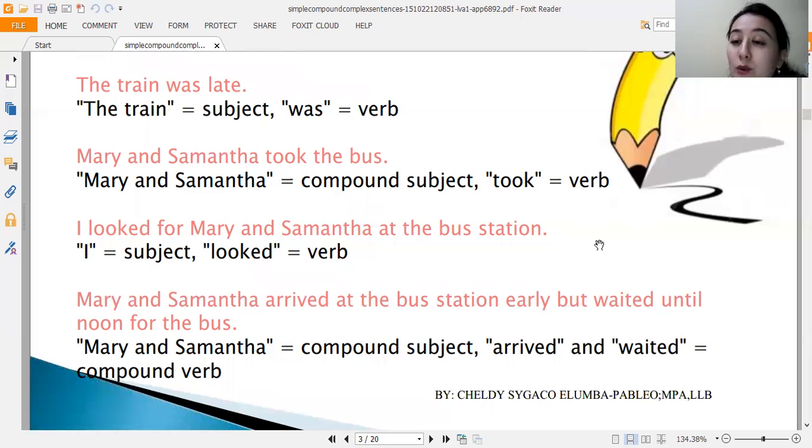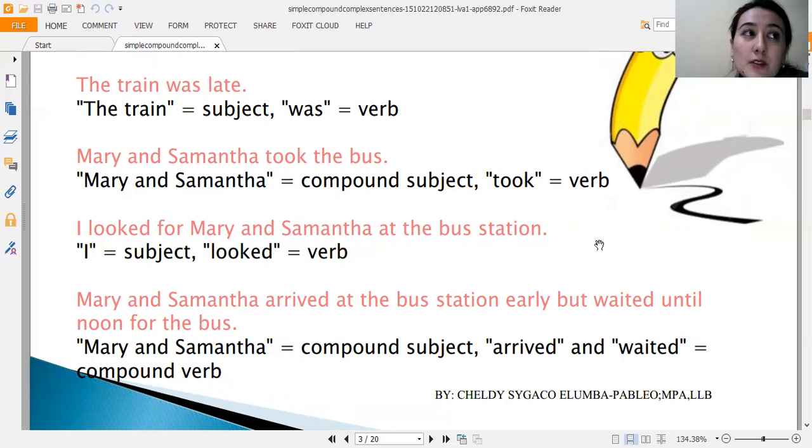Also, there is a compound subject, Maria and Samantha, and also there are two verbs. And it is still a simple sentence because the agreement between these two verbs and two subjects is one. And these two verbs are about these two subjects.